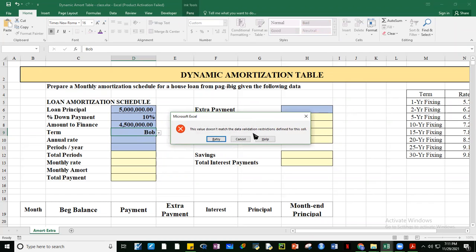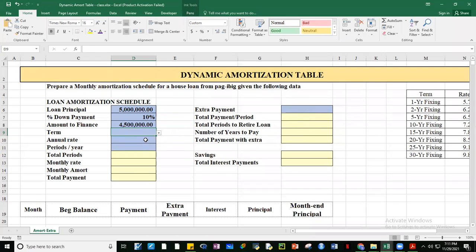This value doesn't match the data validation restriction. So this is all about data validation, and you can do this if you want. For example, you're sharing your file and you want to make sure that others put the correct values in a particular cell, then you can do data validation. So let me show you how to do data validation.